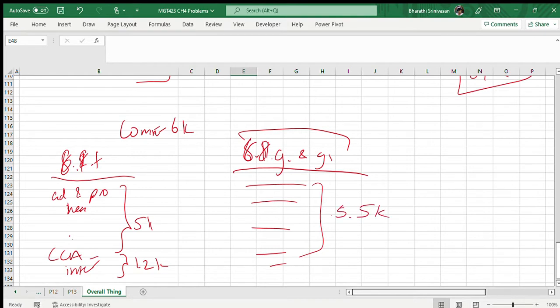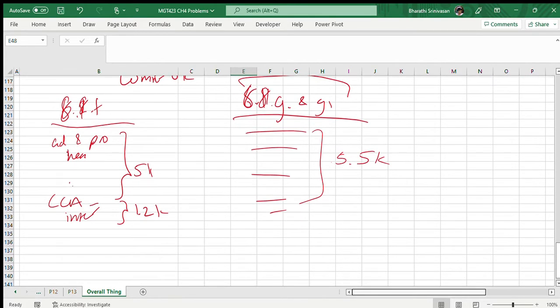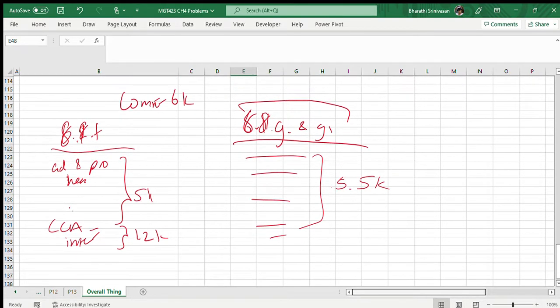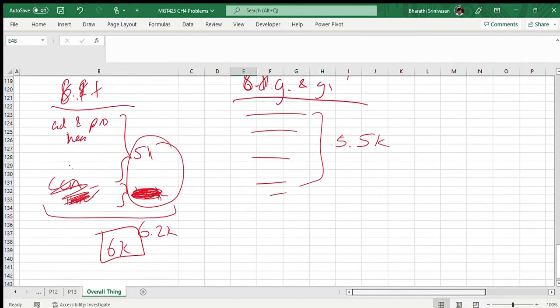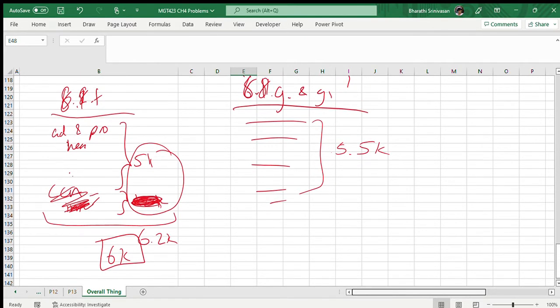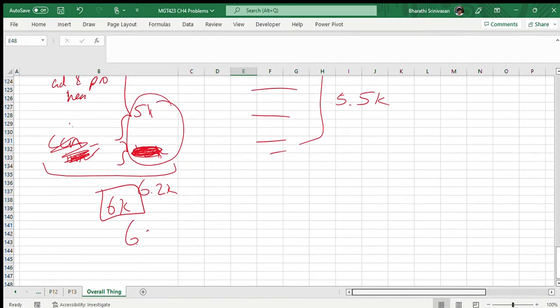Now, over here on this side, you might think, okay, it's 5 plus 1.2, so 6.2, but it's limited to 6, right? But that is not true, because these two things over here do not factor into the limit. So would you do 6.2 then?